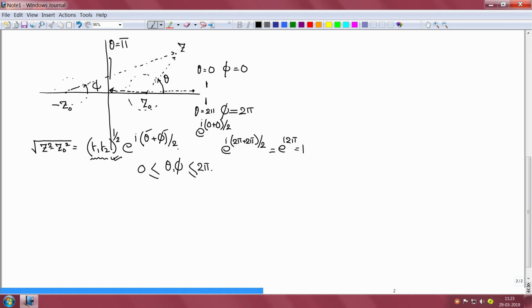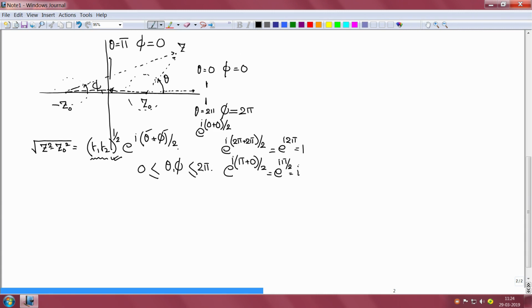So if I bring this z down here, then this is the phasor, so now phi is 0. And therefore e to the power i (theta plus phi) by 2 is e to the power i (pi plus 0) by 2, which is e to the power i pi by 2, which is equal to i.